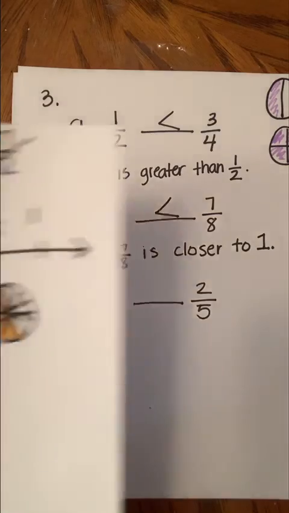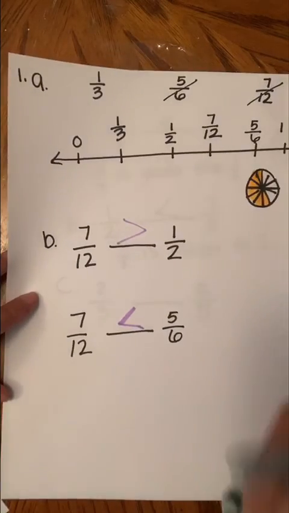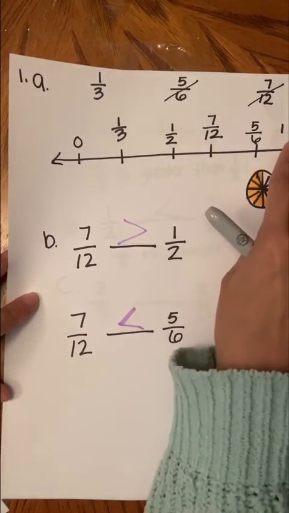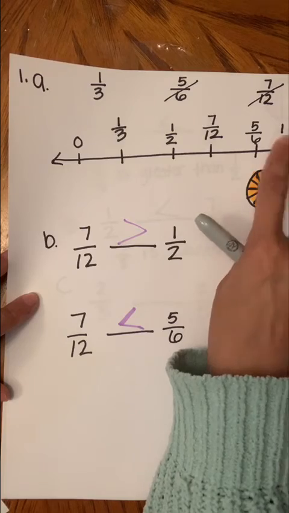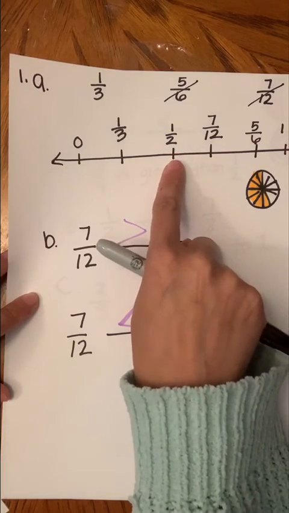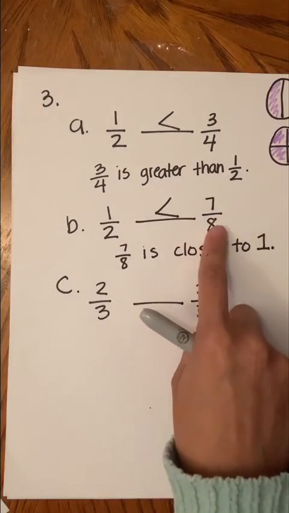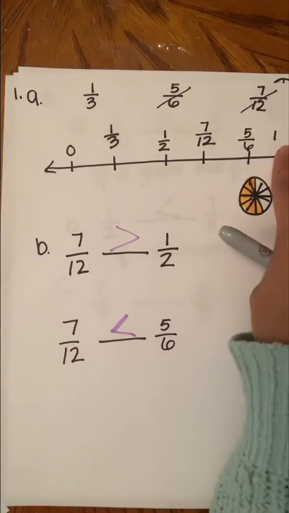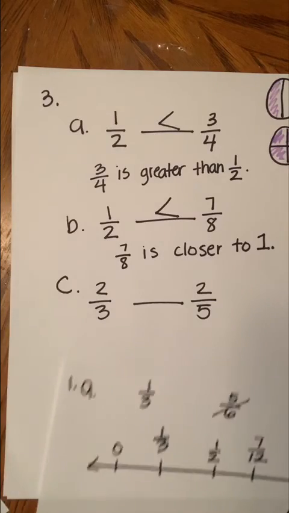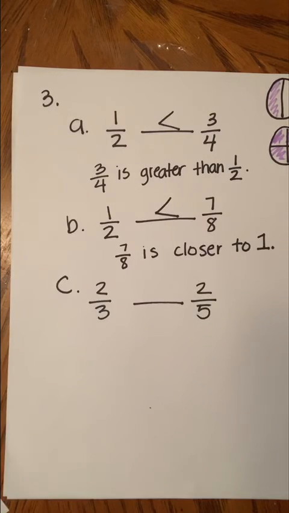If I go back and show you our number line, remember it's closer to 1 and half is in the middle, so 7/8 is closer to the 1 whole. Okay? Let's go ahead and do C. Should we do C together?